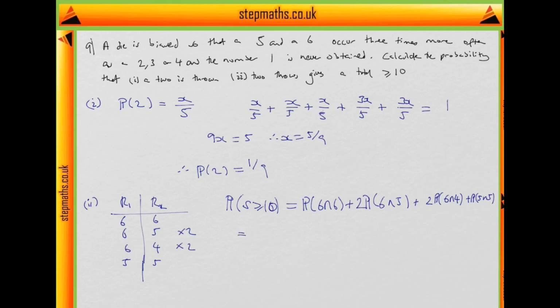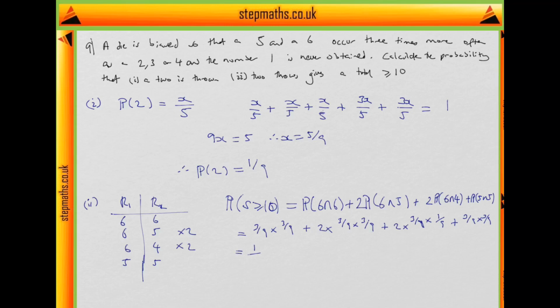Well, the probability of a 6 is 3/9, and the probability of another 6 is 3/9, so it's 3/9 times 3/9, plus 2 times, the probability of a 6 is 3/9, the probability of a 5 is 3/9, plus 2 times, the probability of a 6 is 3/9, the probability of a 4 is 1/9, plus the probability of a 5 and a 5, that's 3/9 times 3/9.